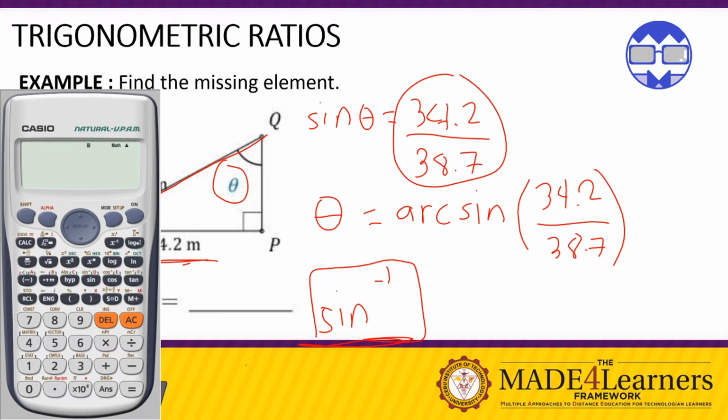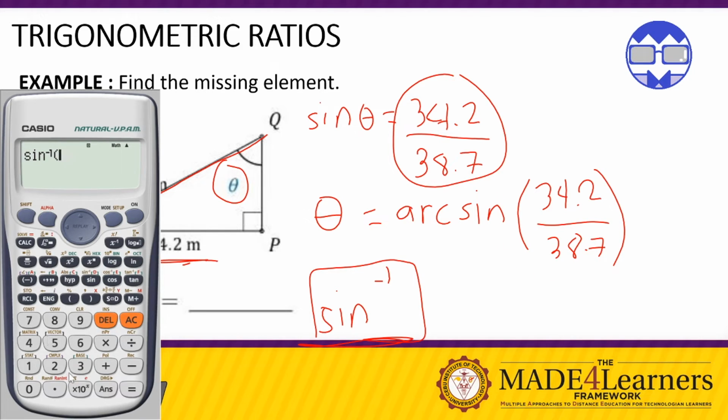It's actually above the functions. We have sine here, cosine here, and tangent here. So we have sine to the power of -1 here. Simply click shift, then click sine, and you will have sine with the superscript -1. This is actually a notation of arc sine.